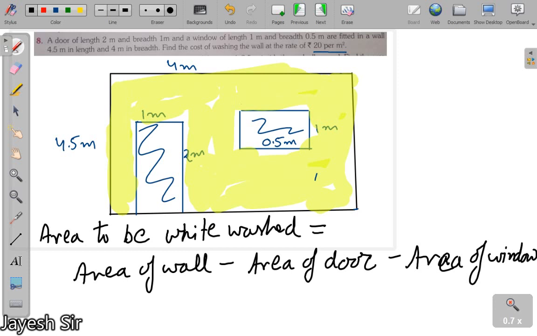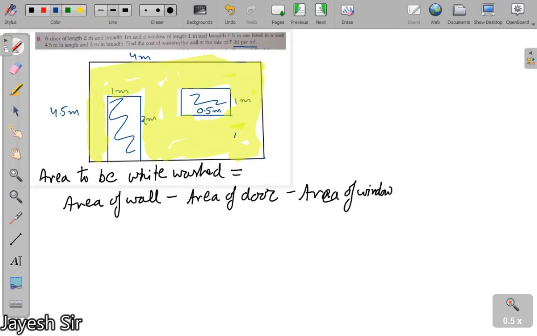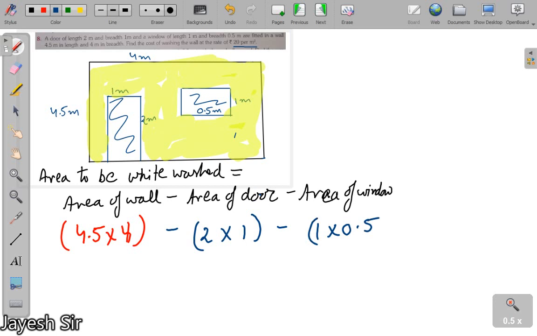Now we know the area of a rectangle; all of these figures are rectangles. Area of wall will be length into breadth. Length of wall is 4.5, breadth is 4. Area of door: length is 2 meters and breadth is 1 meter, and area of window: length is 1 meter and breadth is 0.5 meters.